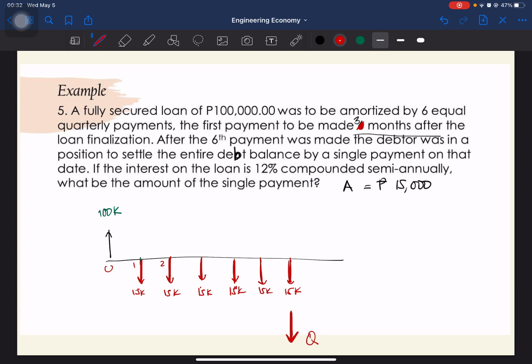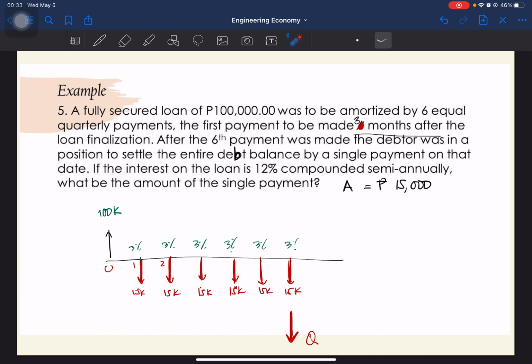So, ibig sabihin, 6% dito, and 6% dito, and another 6% dito. Okay? Anong gagawin mo? Tama ba na hatiin mo na lang yung 6% para maging per quarter na yung interest rate mo? Yung 12%, hatiin mo na lang sa 4. Is this correct? Hindi. Hindi yan.